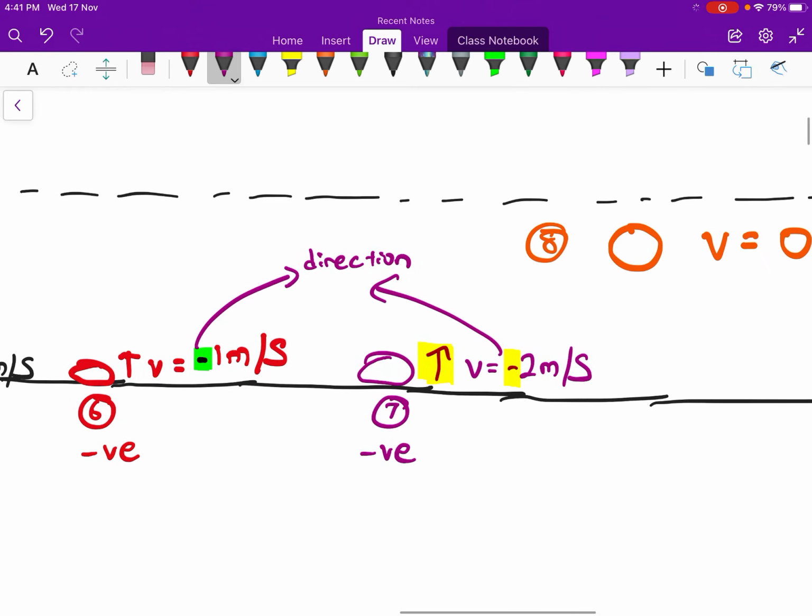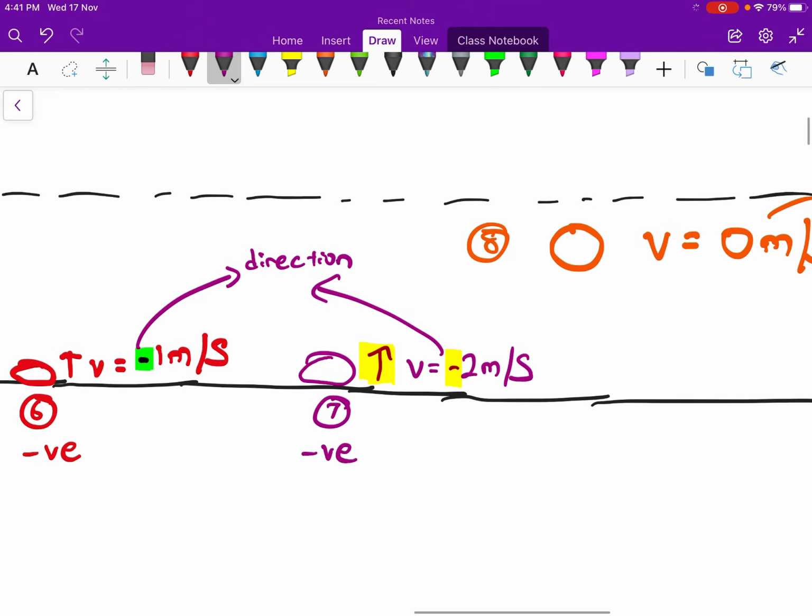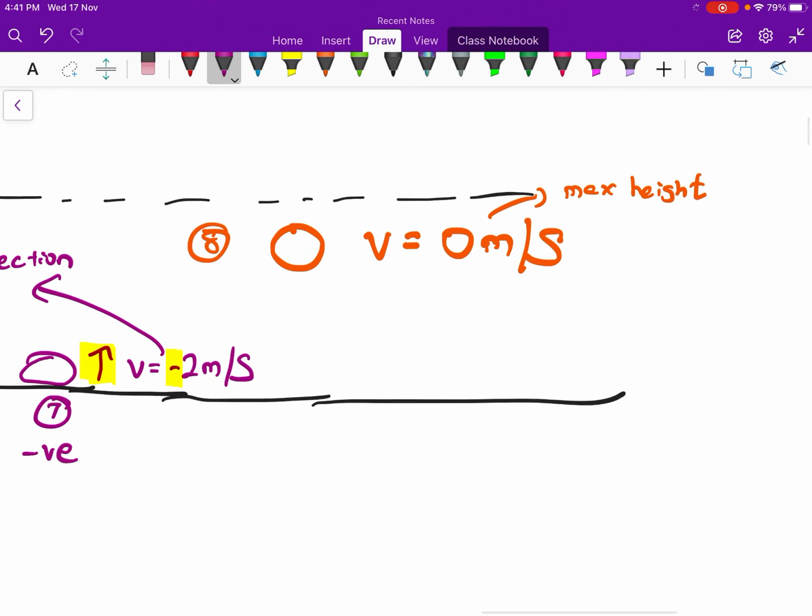After point number 7, I will rise up until I go to point number 8, where my velocity is 0 meter per second. This is where I reach my maximum height. I'm not moving down or up for a split second, so my velocity is 0 meter per second. This is also what we call the instantaneous rest.